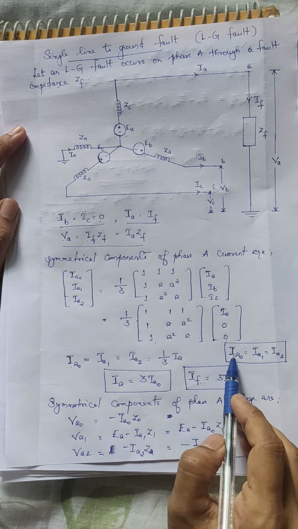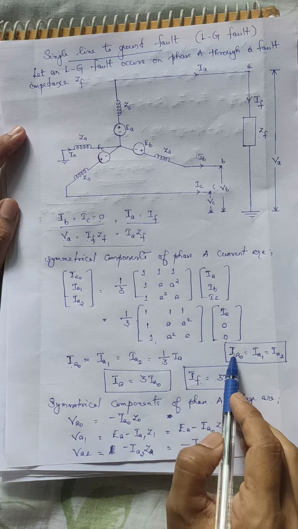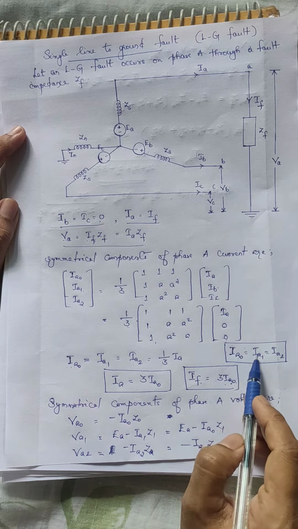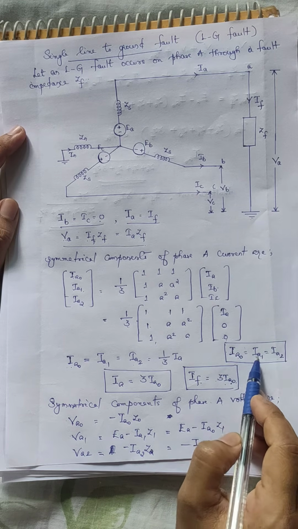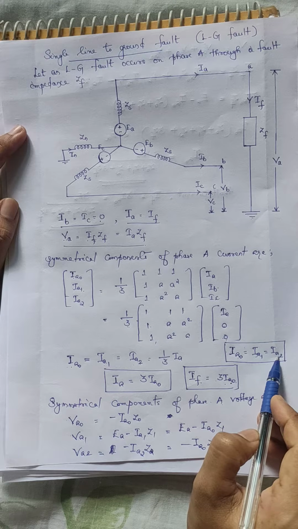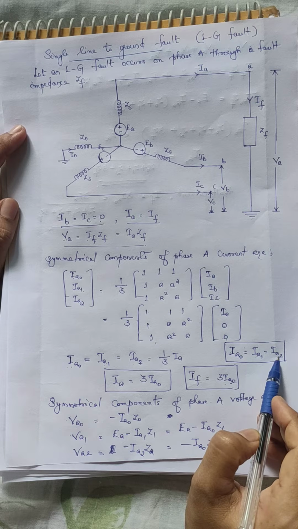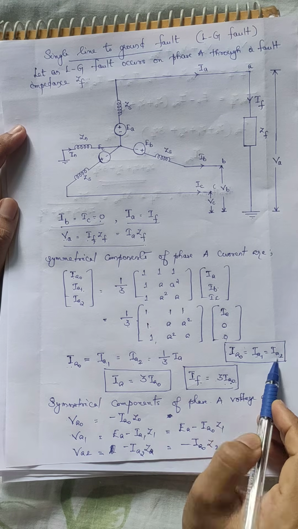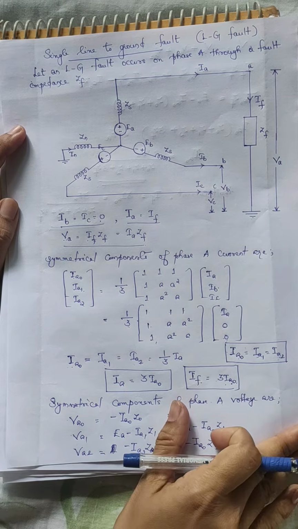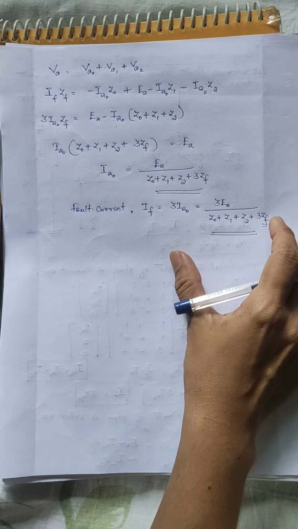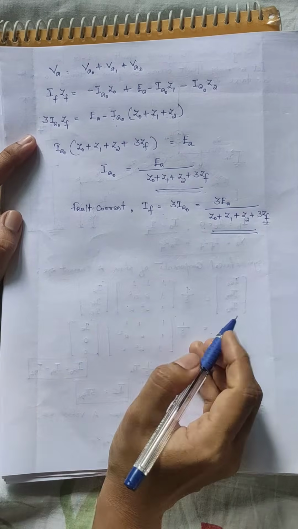Current flowing through the zero sequence impedance is equal to current flowing through the positive sequence impedance, which is equal to current flowing through the negative sequence impedance. Since current flowing through all the sequence impedances is the same, these three sequence impedances are connected in series. So we can draw the three sequence impedances in series.